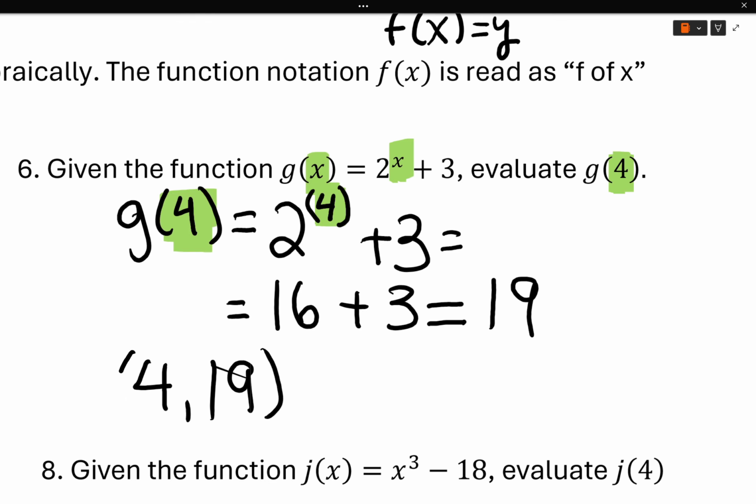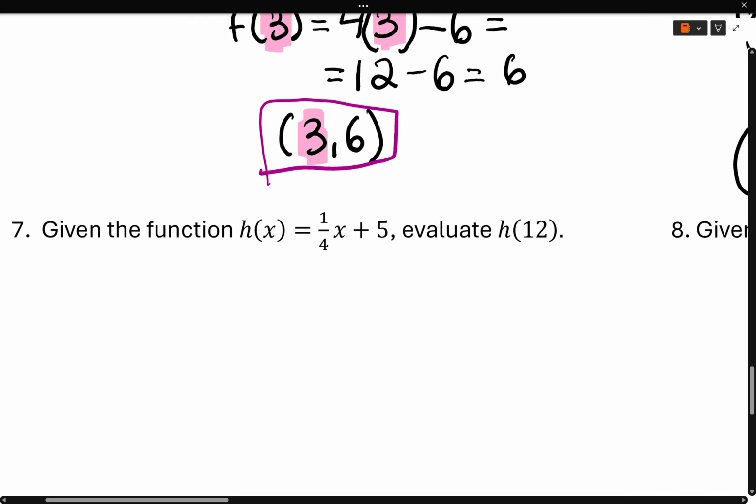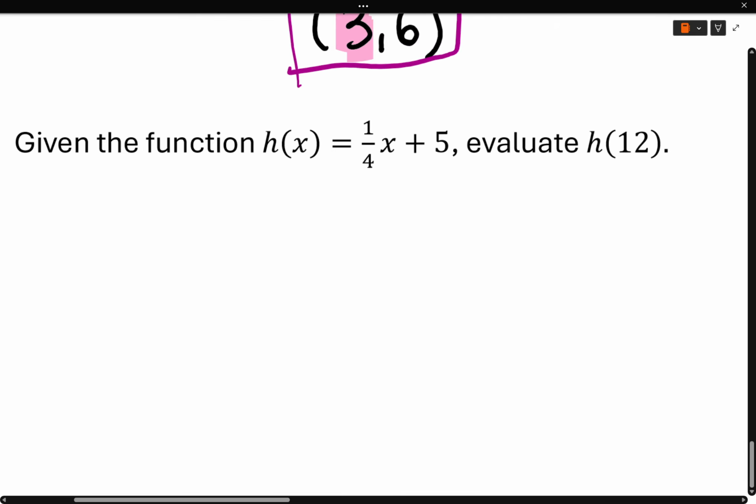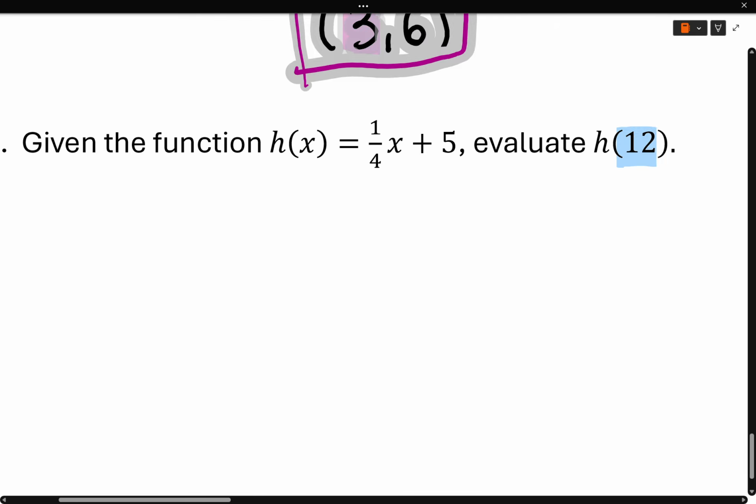We've evaluated. Let's write down our answers correctly. It's an equal sign. Okay, there we go. So our answer, 4, 19. We plugged in 4. We got an answer of 19.